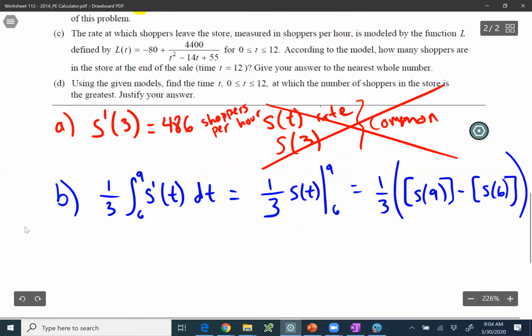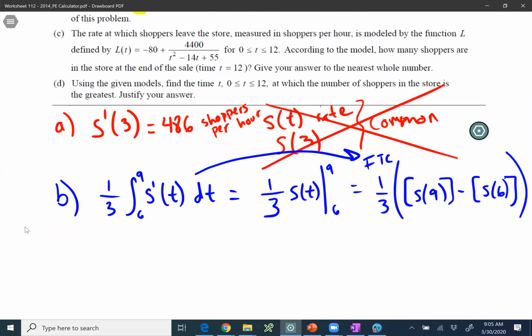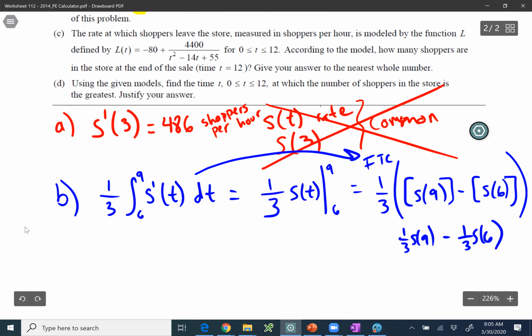Which is that FTC. You guys could have actually just jumped straight here if you would have applied FTC. You could have also had 1/3 S of 9 minus 1/3 S of 6, right? Distributing it, just making sure the 1/3 goes in both. So that's one possible way to do this question.